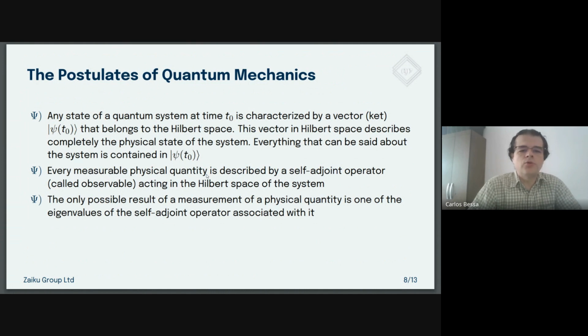Every measurable physical quantity is described by a self-adjoint operator, or observable, acting in the Hilbert space of the system. The only possible result of a measurement of a physical quantity is one of the eigenvalues of the self-adjoint operator associated with it.